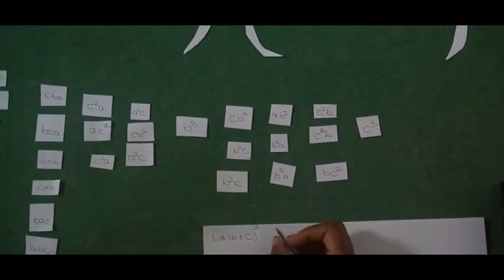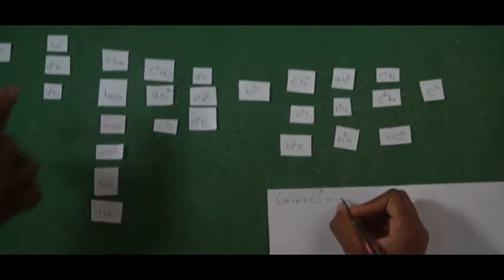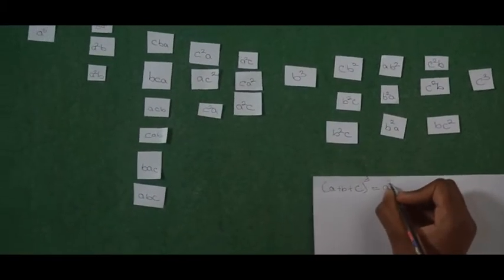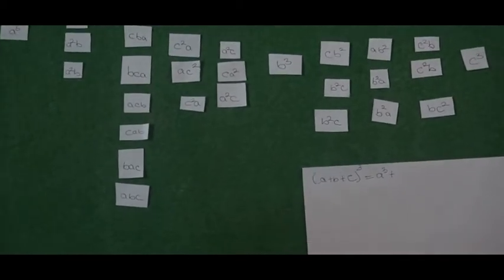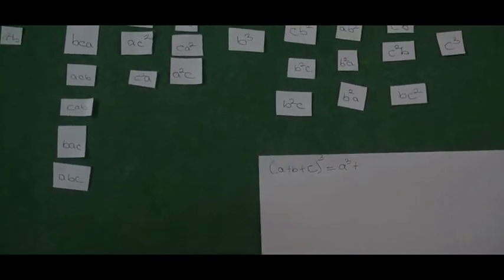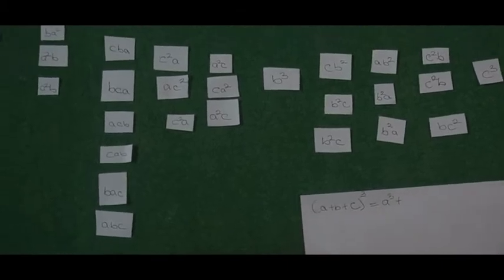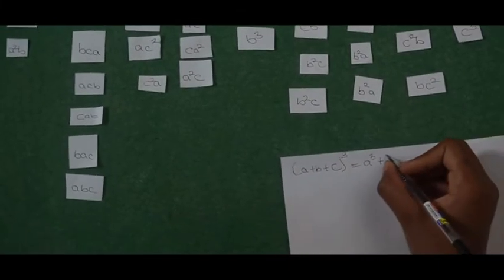Okay, equals, what are the pieces? A cubed plus A squared B, A squared B, A squared B. How many of them do we have? 3. So you can write 3A squared B.